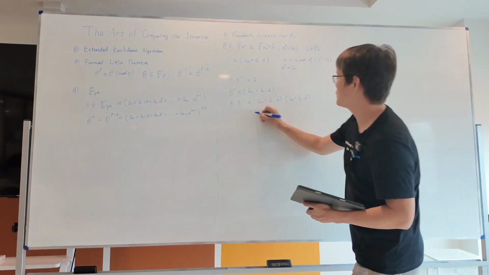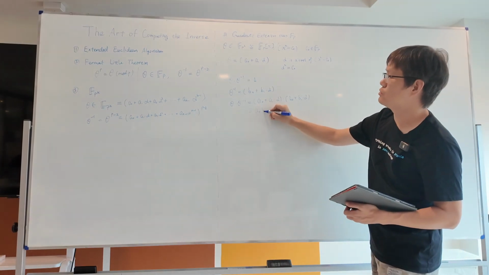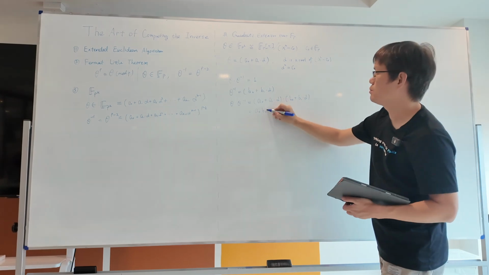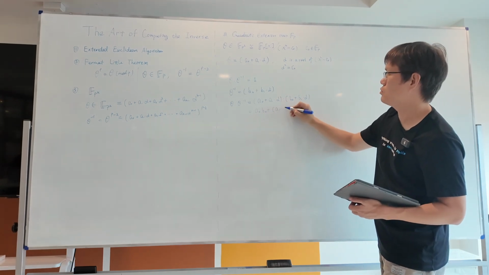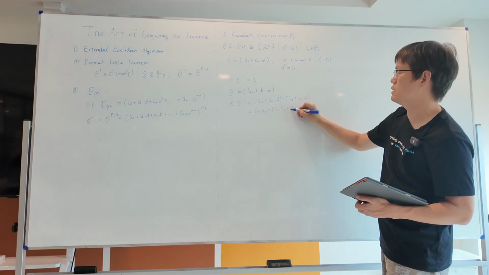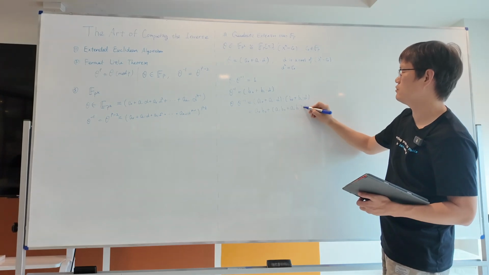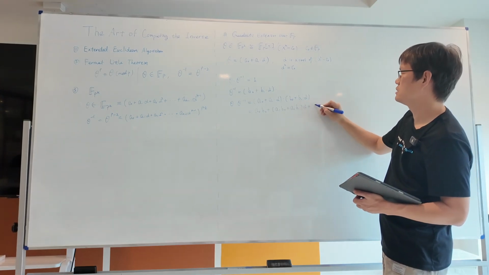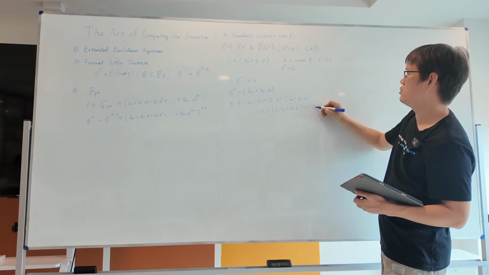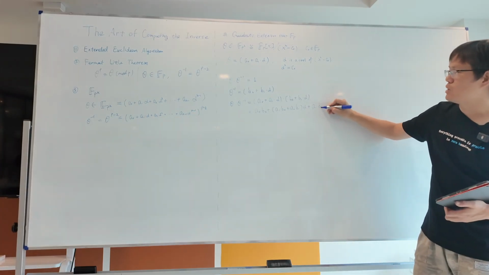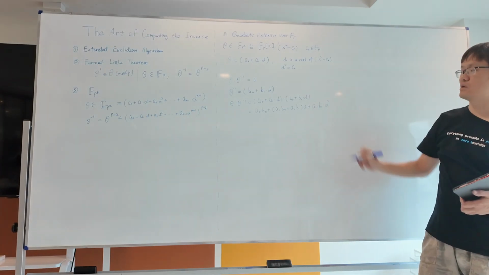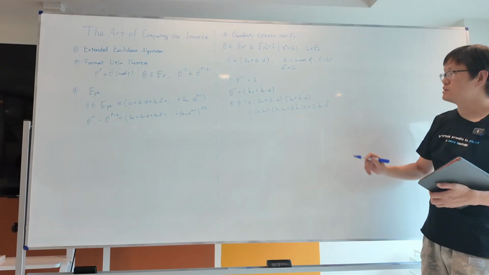Then we have a0 b0 plus a1 b0 plus a0 b1 times alpha plus a1 b1 alpha squared.